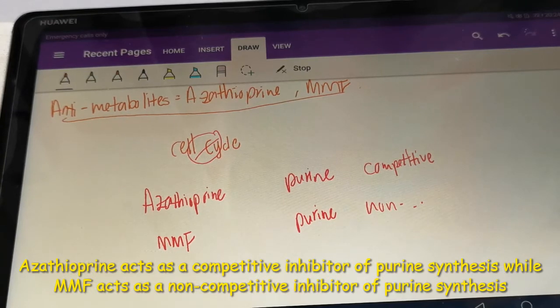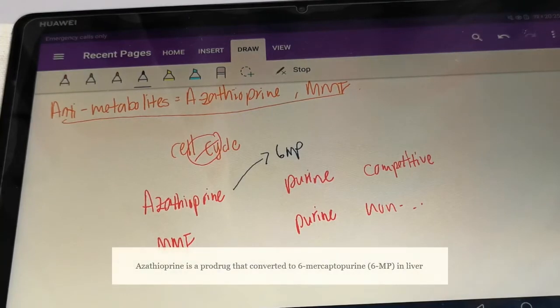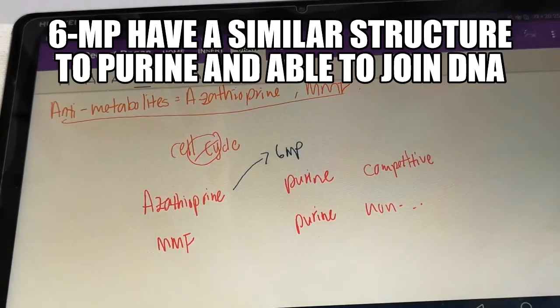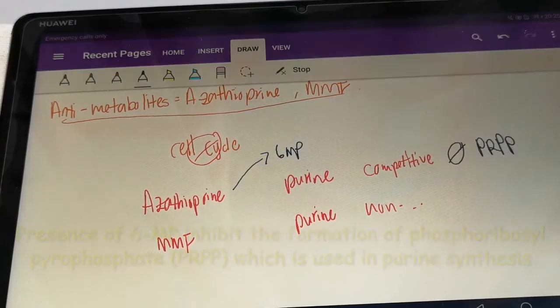Azathioprine is a competitive inhibitor of purine synthesis, while MMF is a non-competitive inhibitor of purine synthesis. Azathioprine is a prodrug that converts to 6-MP in the liver. 6-MP has a similar structure to purine and is able to join DNA.